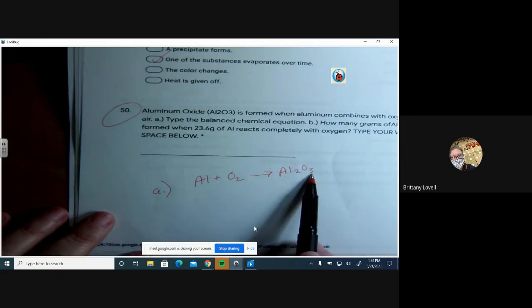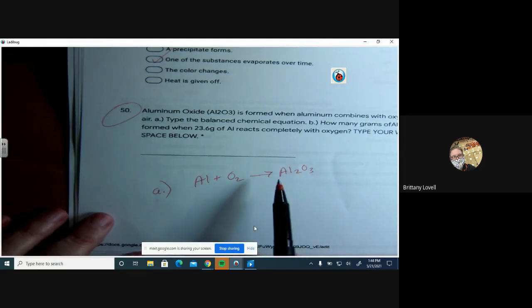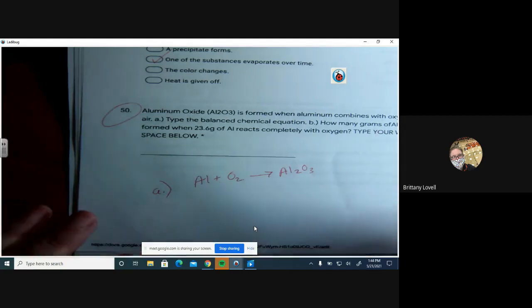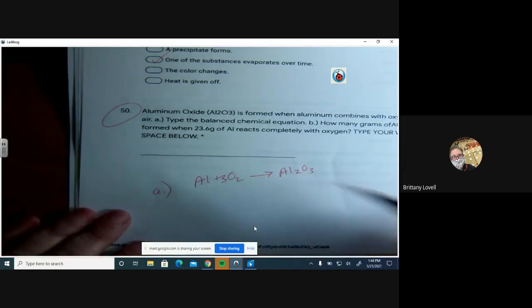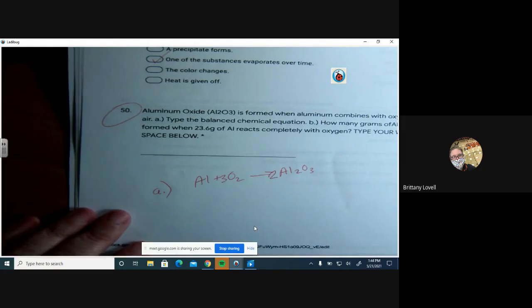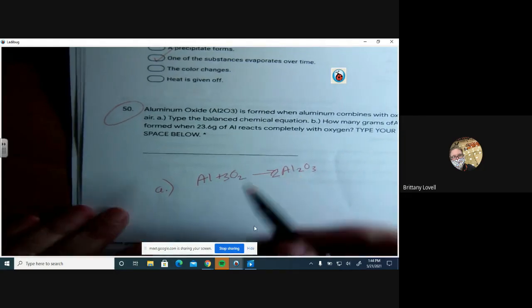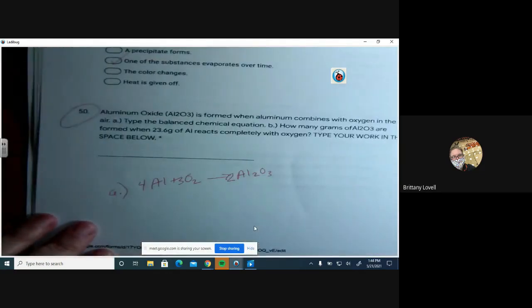You have a 2 here and a 3 here. So our common factor, denominator, I don't know, what would they both go into? 6, right? So 3 here, 2 here. Balance it with coefficients, right? Okay, and then now we've got 4, so that's going to be a 4 there. So there's our balanced chemical equation.